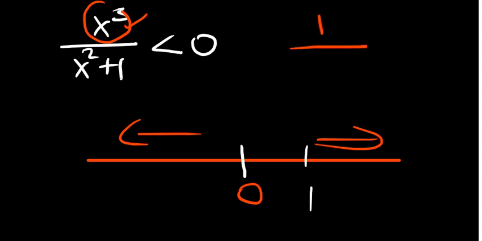Then down there, 1 squared plus 1 will be 1 plus 1. So 1 over 2. Is it less than 0 or is it greater? Greater. So is this side defining it or is it refusing? It's refusing.